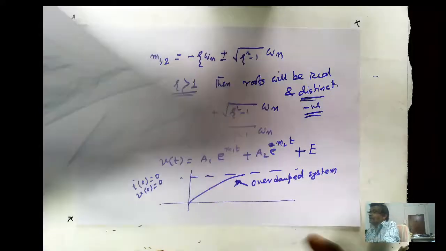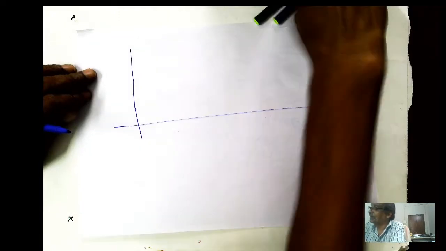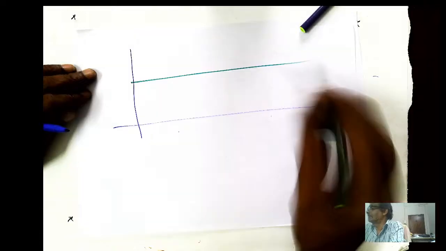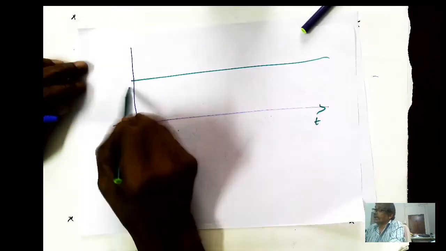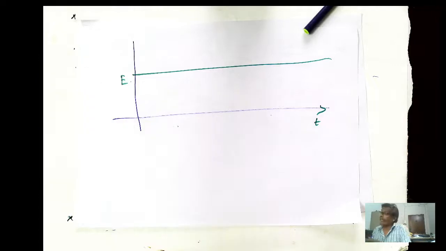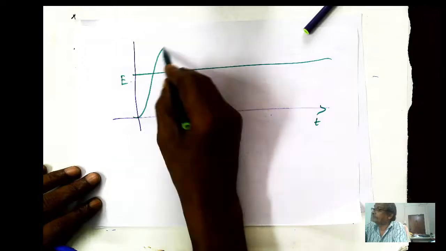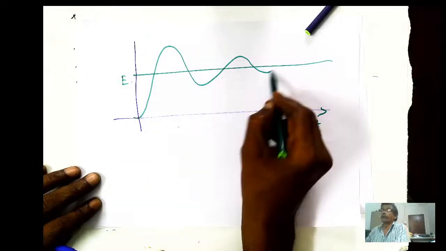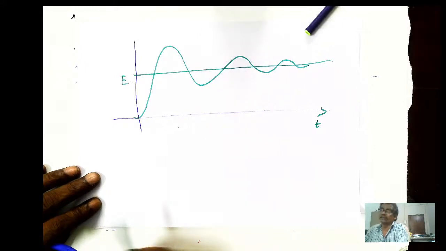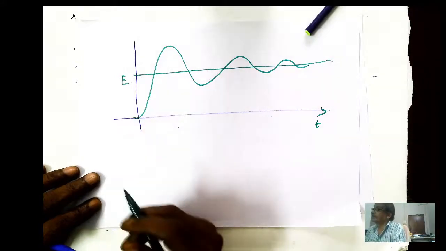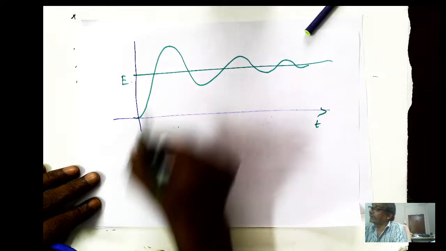In a waveform, just roughly sketched, not to scale, the response, that is the capacitor voltage against time, with E as the final level, could be the underdamped case, when the roots are complex conjugate. Zeta is less than 1, it lies between 0 and 1, so this is underdamped.